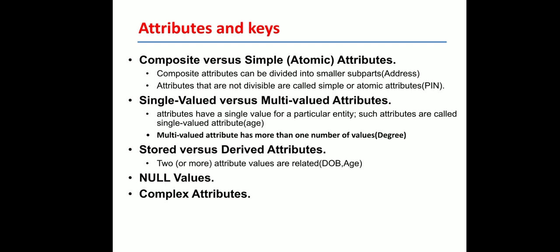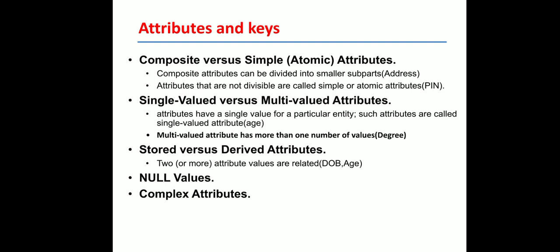A composite attribute can be divided into smaller subparts. These attributes have sub attributes. Suppose I have taken address. Address is an attribute, and under this address we can have street number, area number, area name, and zip or pin code also.